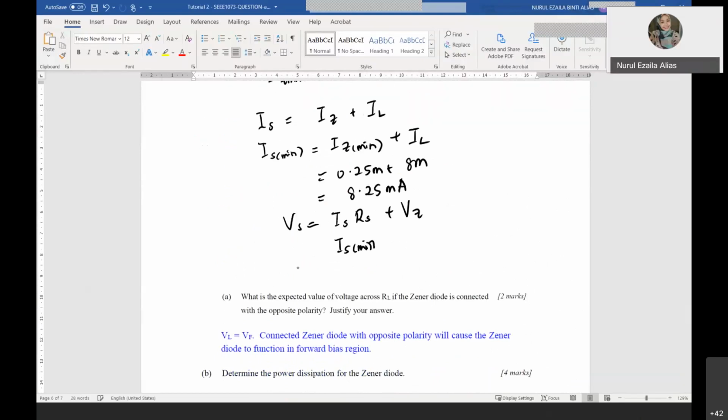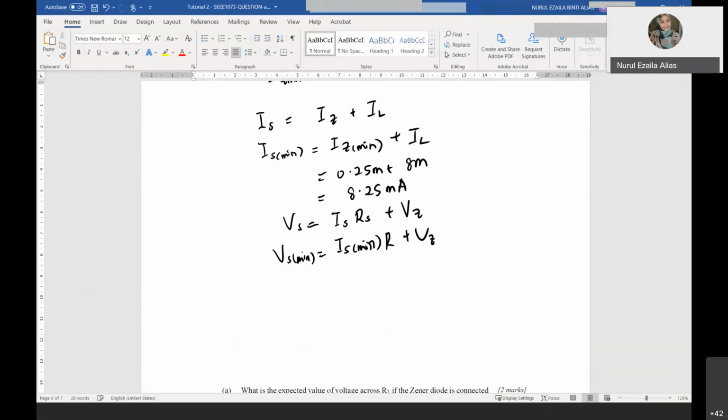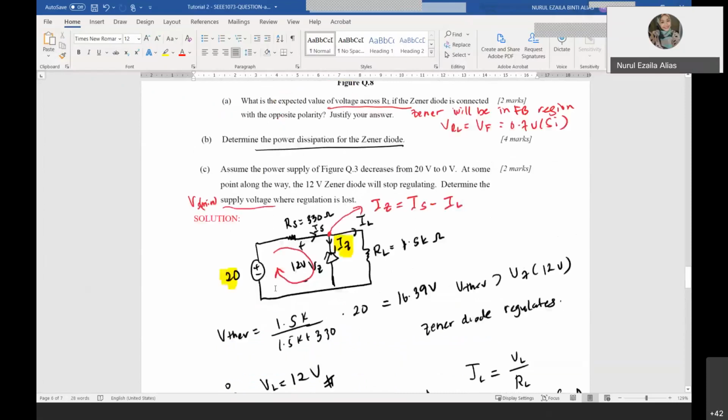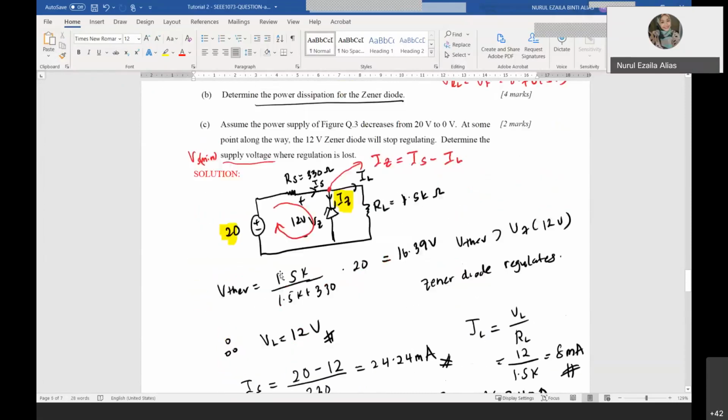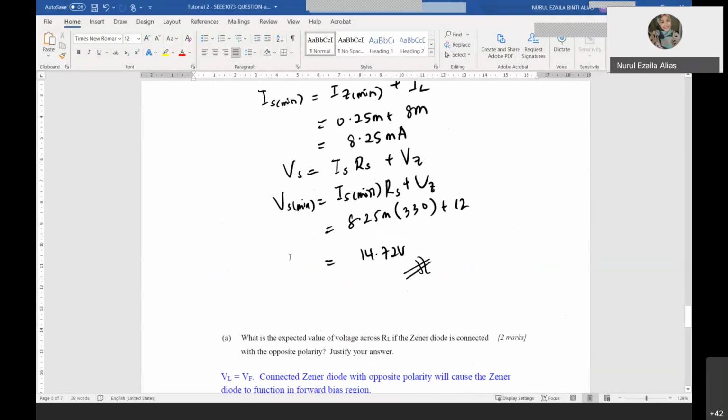Therefore you find your minimum VS. Finally you will get this equal to 8.25 milli times RS, which is 330, plus 12, which is equal to 14.72 volt. So the minimum voltage is up to here only. So what is the minimum voltage? It is equal to 14.72 volt. Okay, that's it.